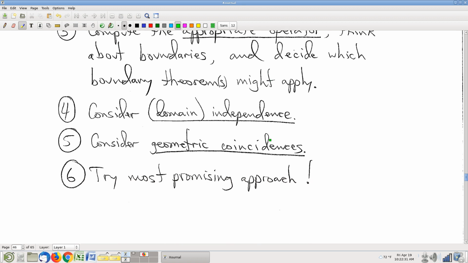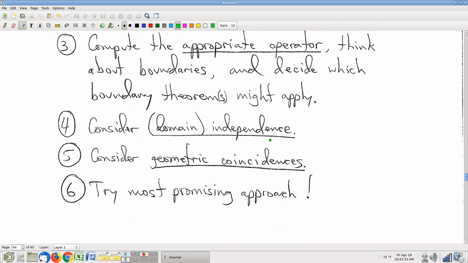So you'll have somewhere between 0 and 2 boundary theorems, or I guess I've been more so calling them accumulation theorems this term. But anyway, those kinds of theorems, somewhere between 0 and 2 of them will be relevant. Don't forget to consider path independence and surface independence. Every so often you get lucky geometrically, more often than you would think, by the way.